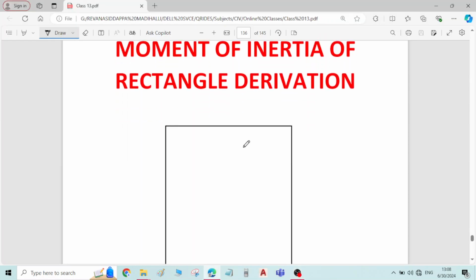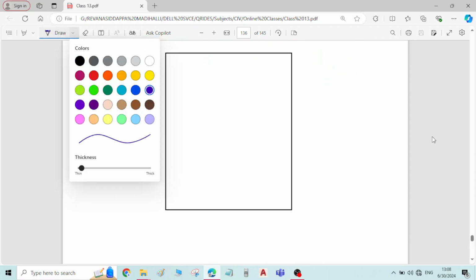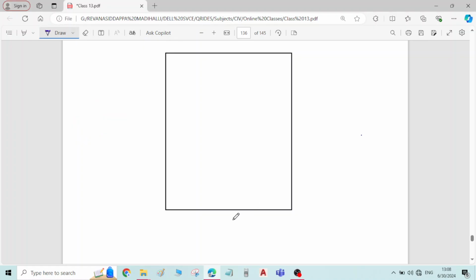Hi, in this video we will derive the equation for rectangle. So I considered a rectangle of base width b. Let me take width of the rectangle as b, and let me assume d as depth of the rectangle.